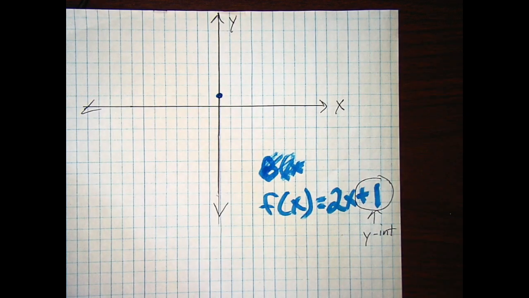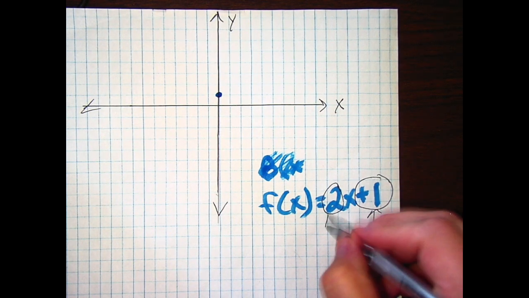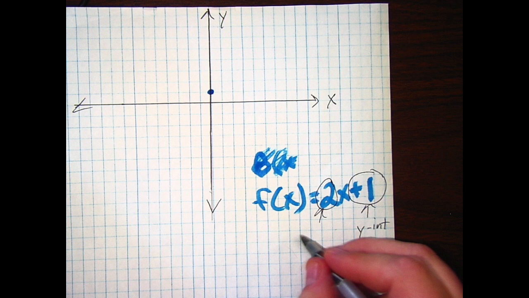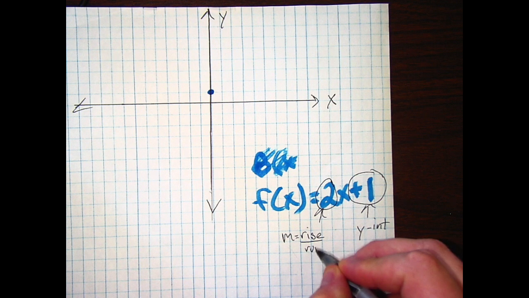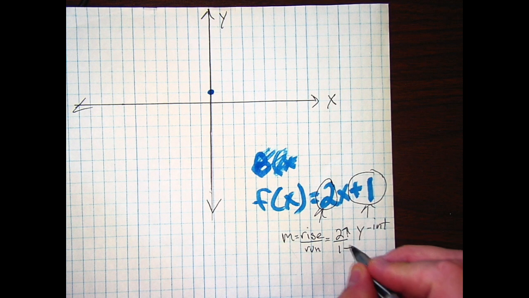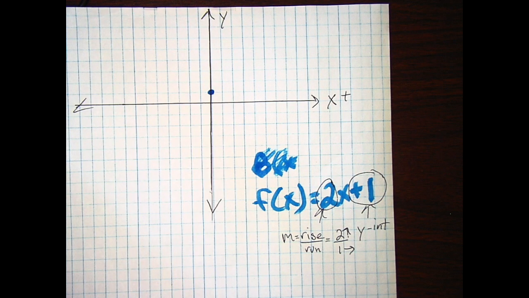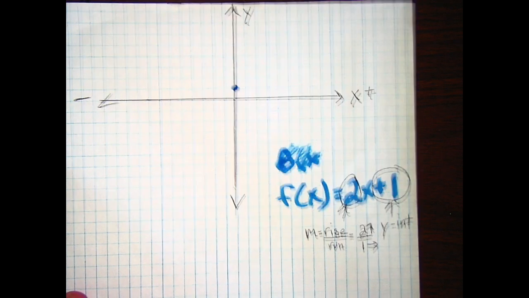Now the next thing I know is that my slope, the number in front of the x, is the rise over the run, which is written as a fraction. It's 2, but I could think of that as 2 over 1, which means I'm going to go up 2 over 1. Remember that on the x-axis going to the right is positive and going to the left is negative.